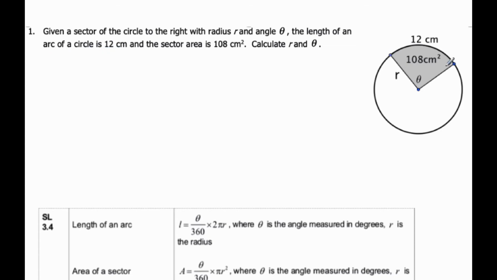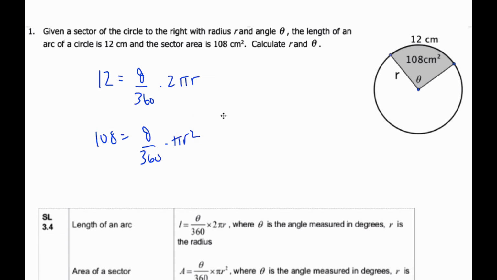So right away, I can go to my formula and say that 12 is equal to theta, unknown, over 360 times 2 pi r, and r is also unknown. And I'm told the sector area is 108. So then using the other formula, I can say 108 is equal to theta over 360 times pi r squared.